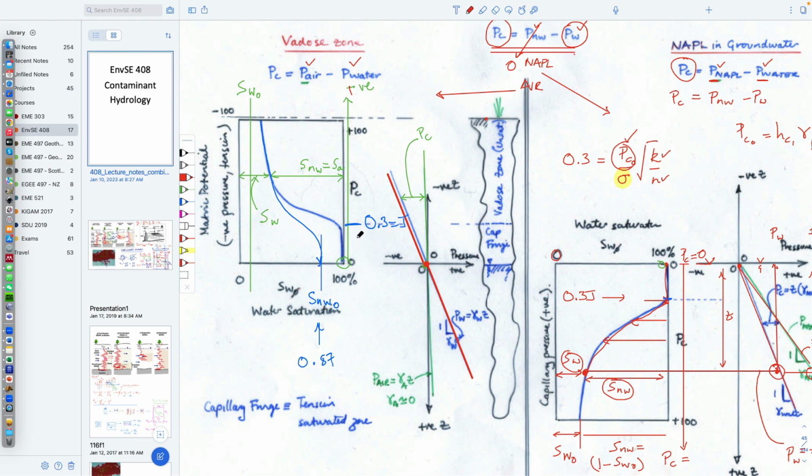It's sometimes referred to as the tension saturated zone. So it's saturated by the water that's in tension, but the capillary pressure is a positive value. So this is the point at which the medium is fully 100% water saturated, and as you get above that, it becomes less and less water saturation and more non-wetting saturation as that grows. That's it.